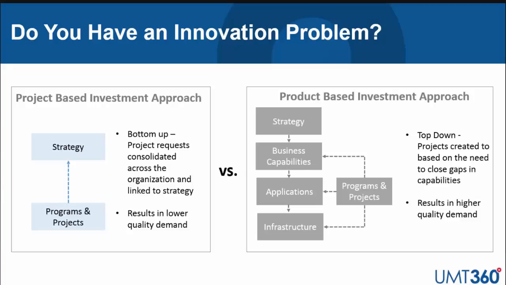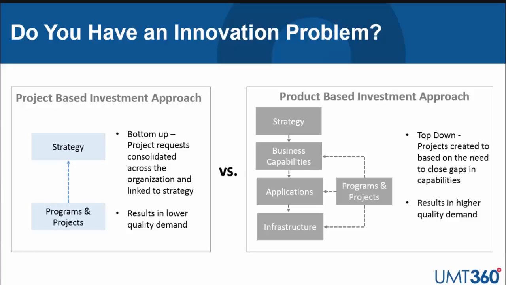What we're seeing, and this is certainly also echoed by Gartner, is organizations moving to more of a top-down approach, which Gartner calls a product-based investment approach, where you really start by treating the overarching business capabilities or processes in your organizations as the products in your business. You analyze those capabilities or processes and understand the gaps, and then you look at investing in those capabilities and processes to close the gaps.